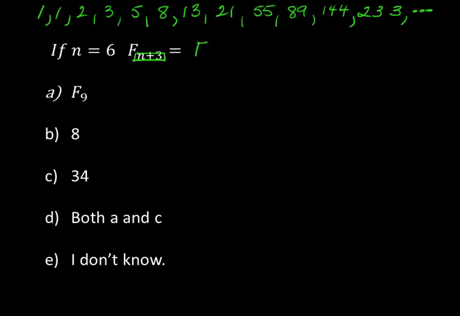So this is f sub 6 plus 3, which is 9. It's the 9th Fibonacci. So we see that certainly A is true. It is the 9th Fibonacci. That's true. And what is the 9th Fibonacci? 1, 2, 3, 4, 5, 6, 7, 8, 9. It is equal to 55. So just part A is true.